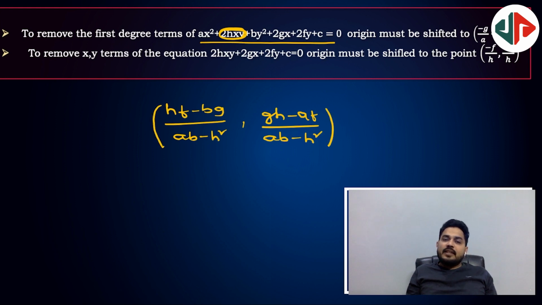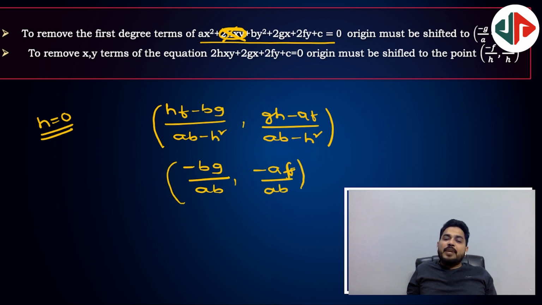Here the h term is not there; there is a printing error. If the xy term is not there, it means h is equal to 0. If I substitute h equal to 0, this is minus bg by ab, and gh will be 0, minus af by ab. So b cancels, a cancels. You are going to get minus g by a, minus f by b, where h is not there.